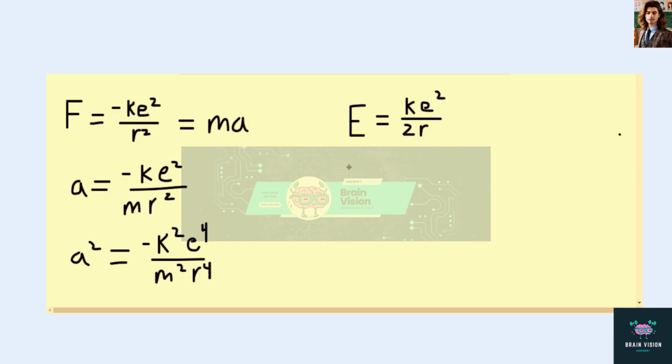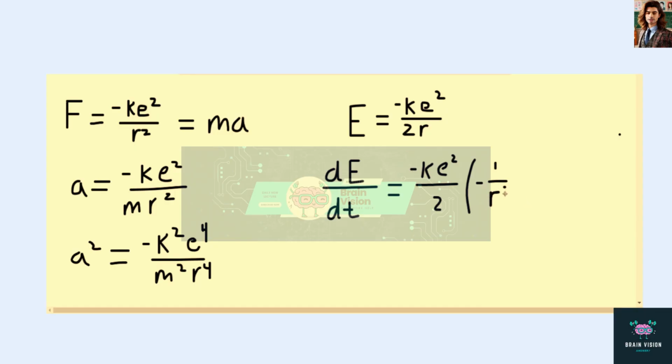Now for E, we can take dE/dt. So we're going to find a version of dE/dt here and set it equal to the other dE/dt, since this one has an r in it, and that will allow us to find our dr/dt. So dE/dt is equal to ke squared over 2, since all of those are just constants, multiplied by negative 1 over r squared.